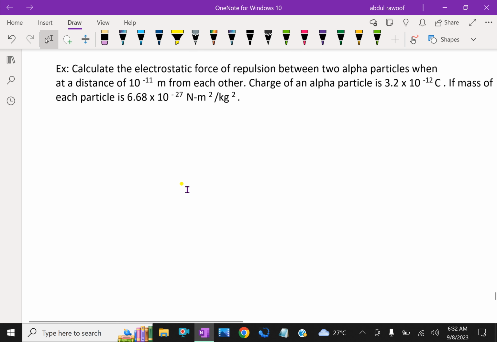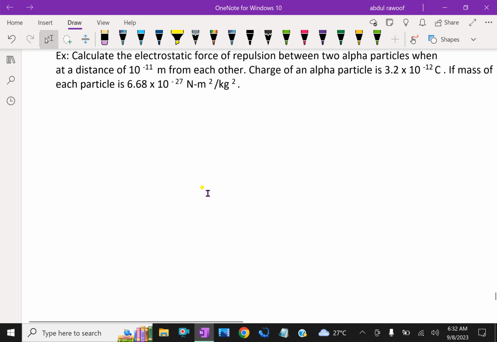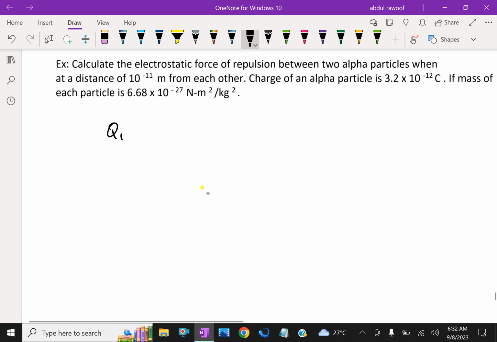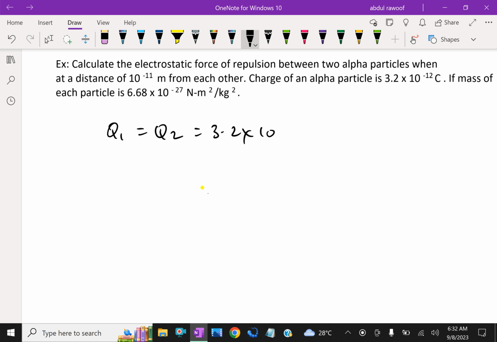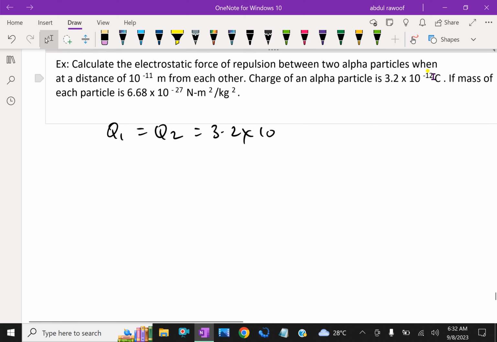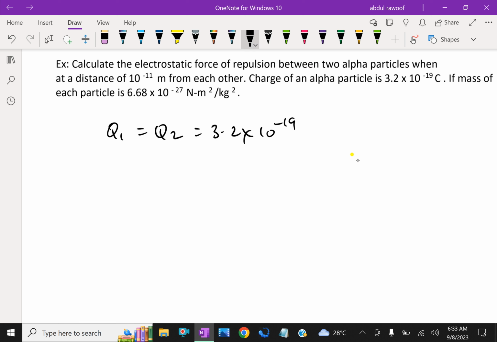Now let us do this problem. Here both charges are alpha particles, so both are equal charges. Therefore Q1 equals Q2 equals 3.2 into 10 power minus 19 coulombs.